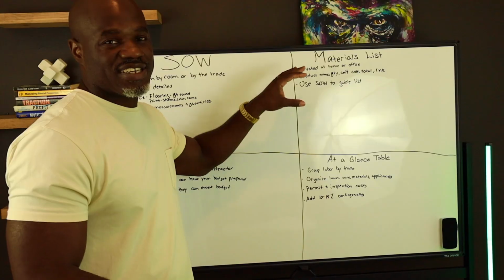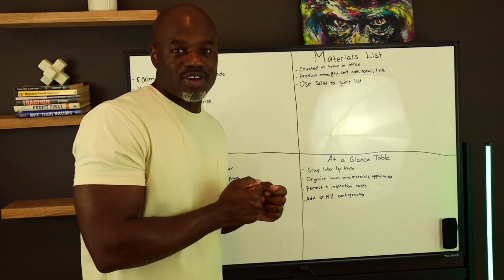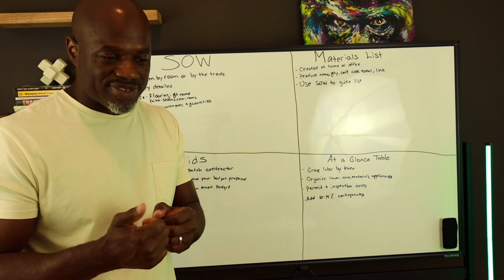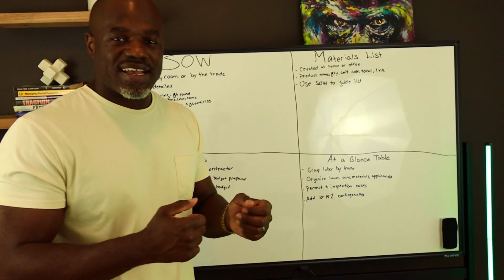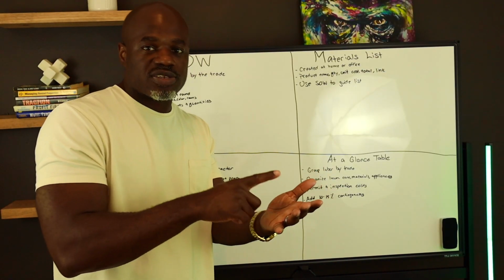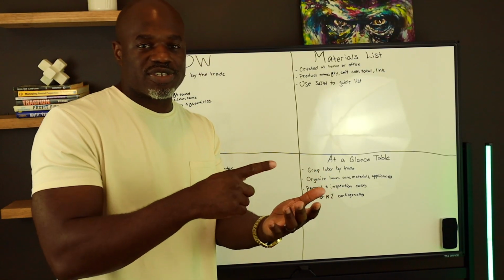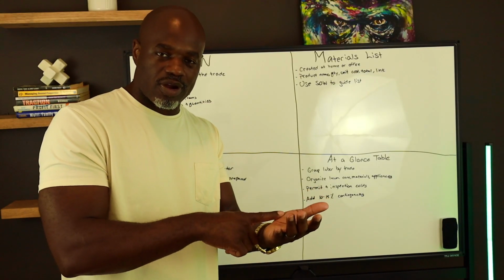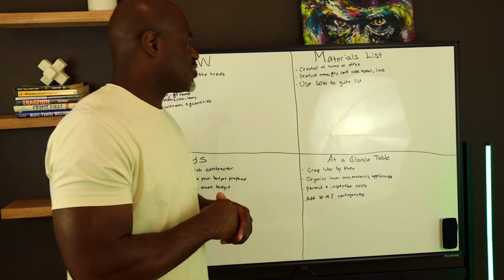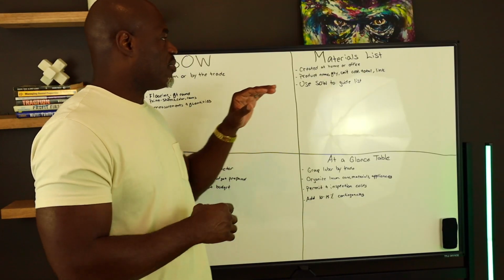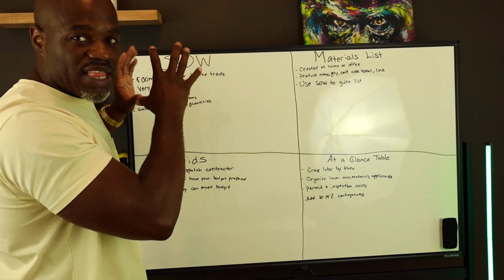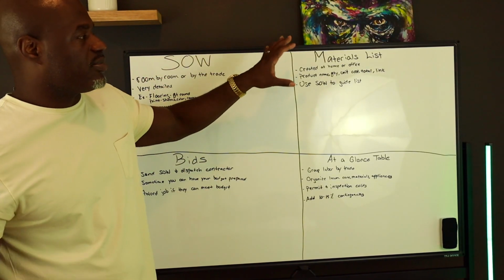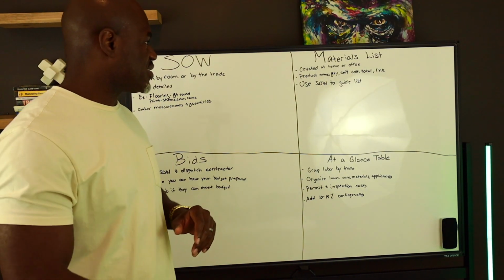What that often entailed was one of us had the scope of work open and the other had the materials list, and we were telling each other. Imagine having to go from scope of work to materials list on your phone, back to scope of work, update the materials list on your phone. So it's a lot more efficient to create a very thorough scope of work so that you'll be able to build out a thorough materials list.